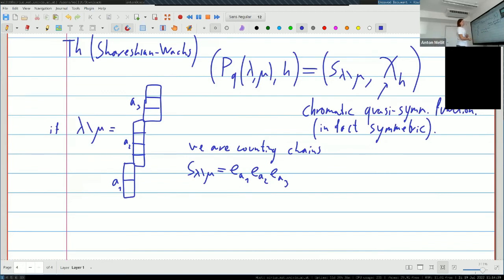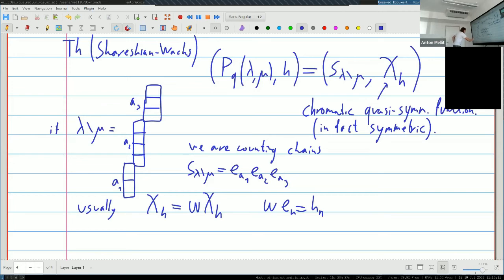The convention is slightly different from the usual convention: what I call chi h is just the involution applied to the usual chi h, the involution of symmetric functions which sends e to h. I hope this doesn't cause confusion.